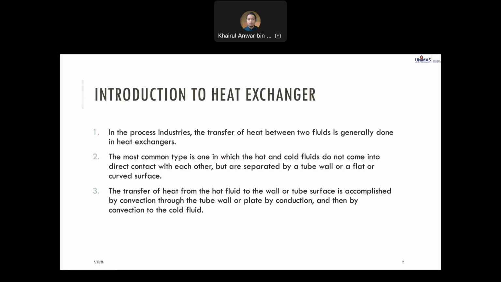So in the process industry, the transfer of heat between two fluids is generally done in a heat exchanger. The most common type is one in which the hot and cold fluid do not come into direct contact with each other, but are separated by a tube wall or a flat or curved surface.